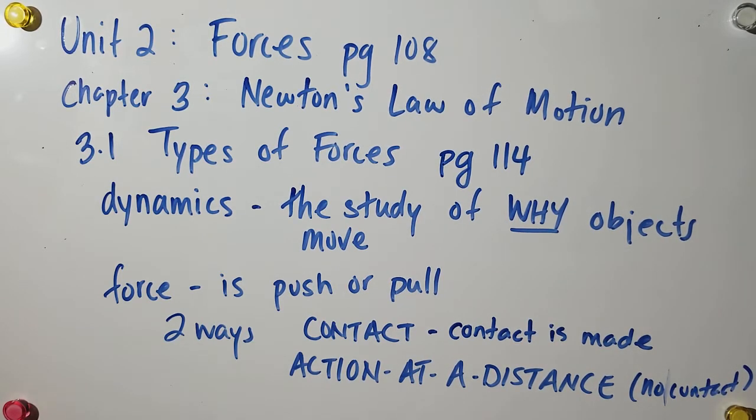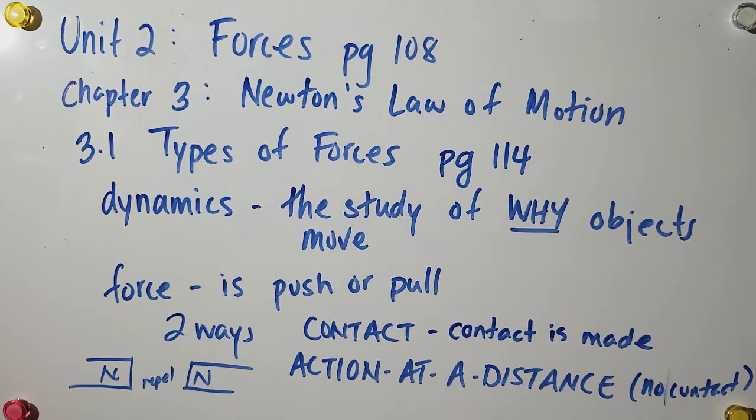So give an example of action at a distance. Something like, how about magnets? If I had two north magnets, these repel, and these two magnets don't need to make contact for them to experience that force. All right, so maybe I'll pause right there for a second.